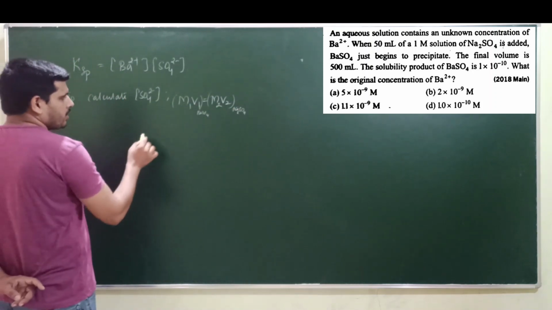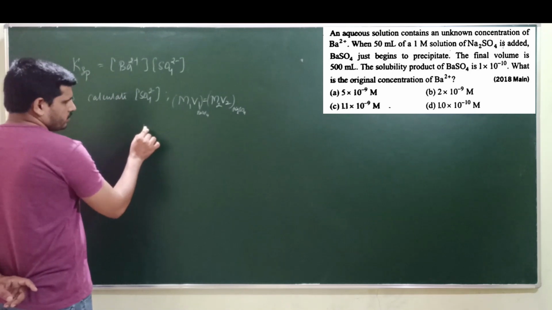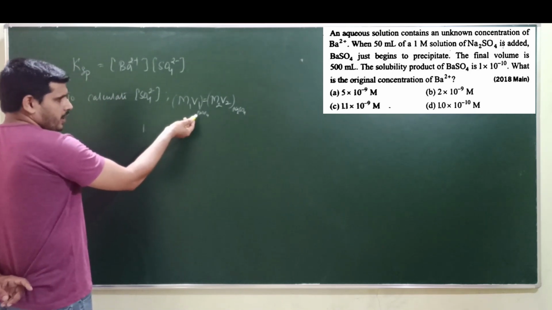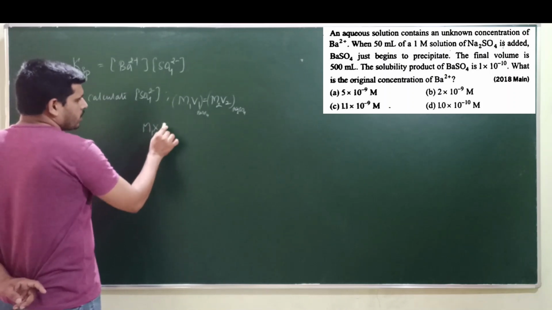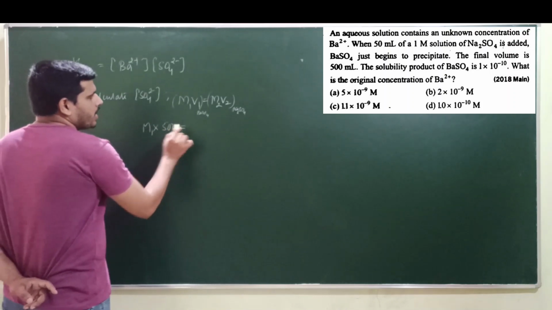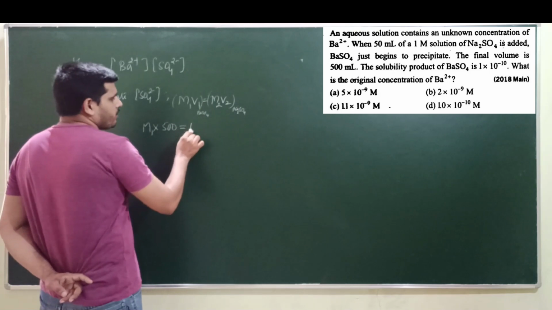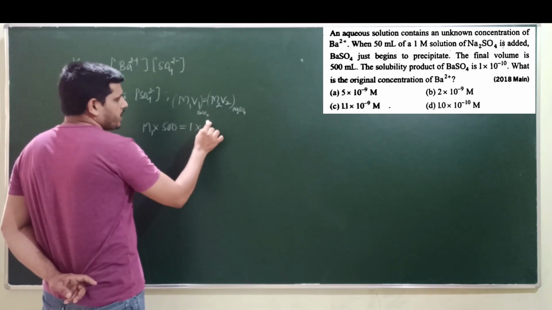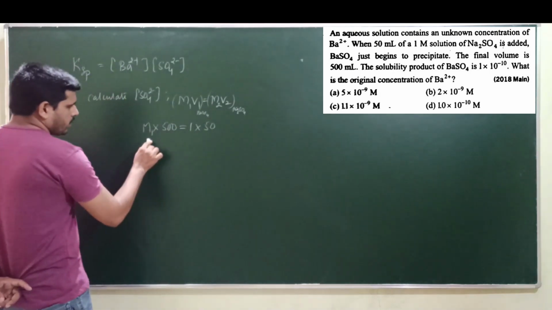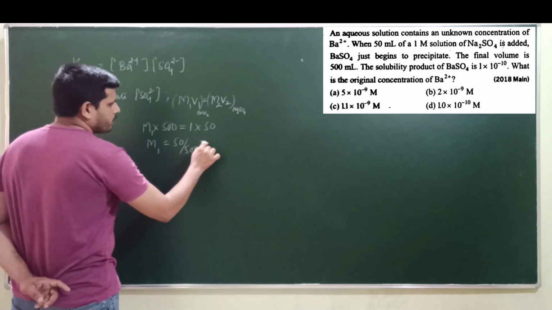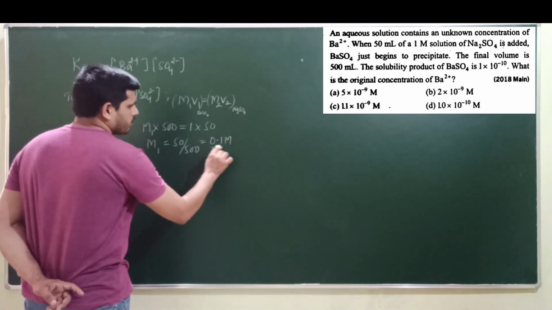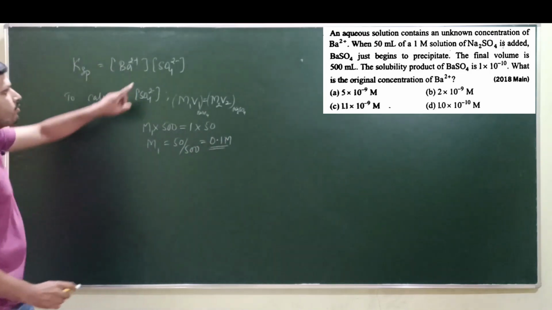I'm calculating the sulfate concentration there. Therefore M1 into total volume of 500 ml is equal to M2, sodium sulfate 1 molar, and its volume 50 ml. So M1 equals 50 by 500, which is nothing but 0.1 molar. We came to know the sulfate concentration.